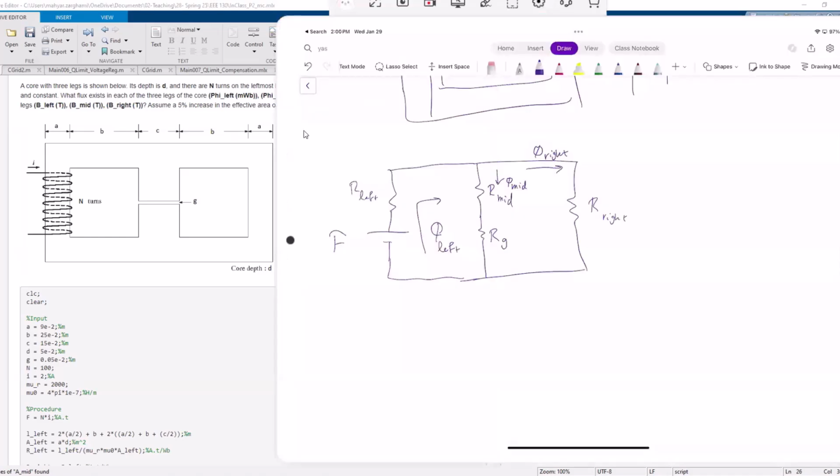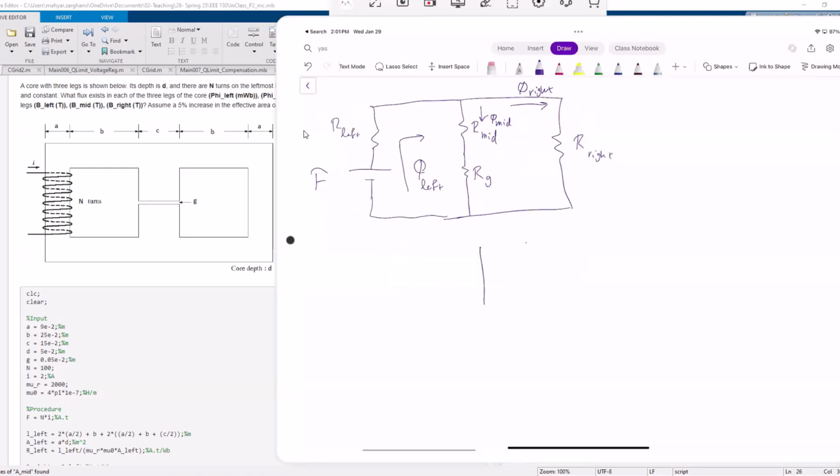When you have an air gap and you have a flux here, most of the magnetic field will go through this air gap, but since this is the whole air, some of the magnetic field will try to go around that area.